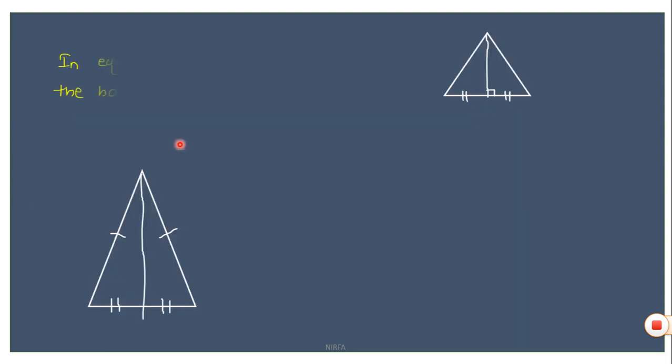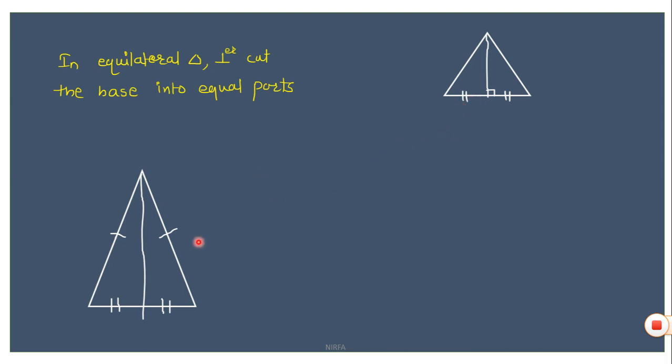Now, look at this triangle. This is an equilateral triangle. I have drawn the perpendicular on the base, but since this is an equilateral triangle, this side and this side of the triangle are equal, and therefore the parts of the base are also equal. So this must happen in an equilateral triangle.